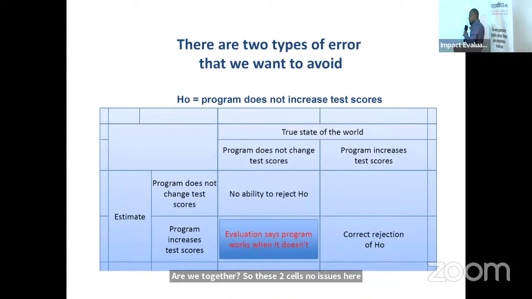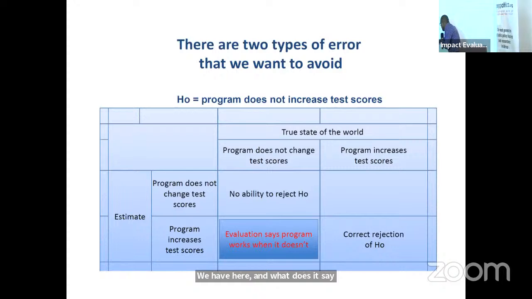And what does it say here? This one: the program increases test score, but the reality is it does not change test score. So the evaluation says the program works when it does not. Now, is it a false positive or false negative?